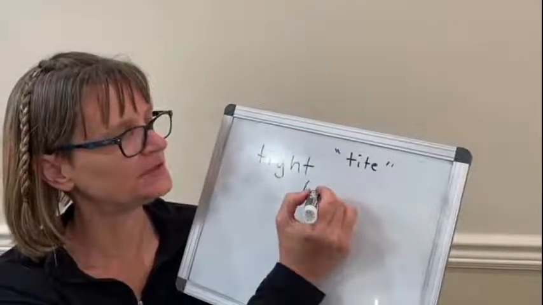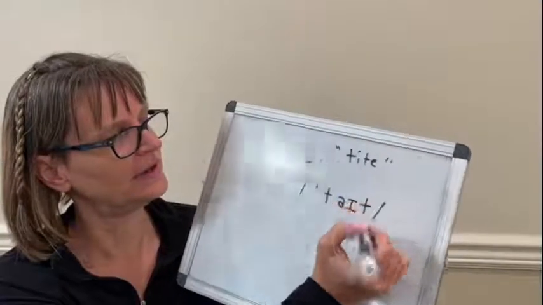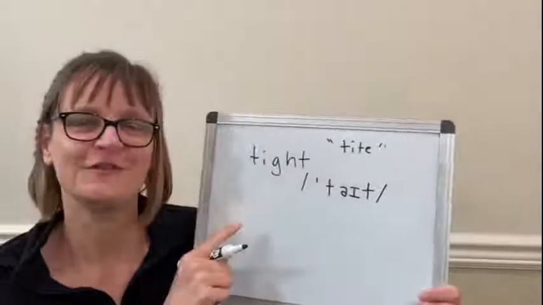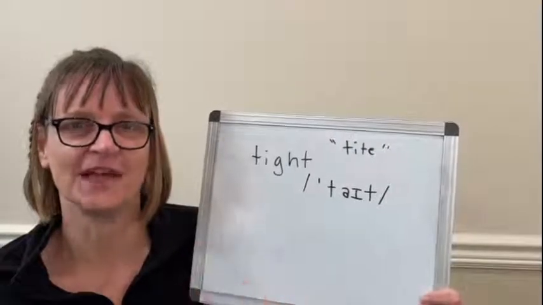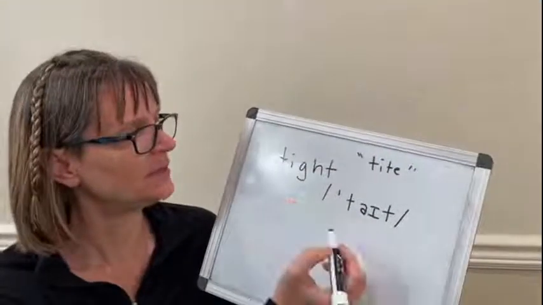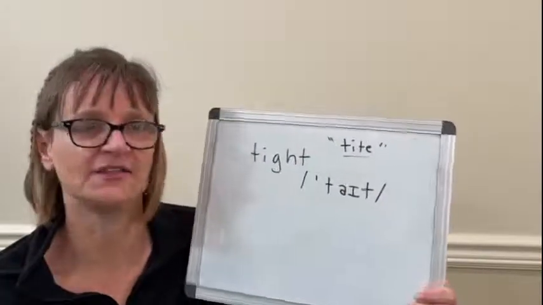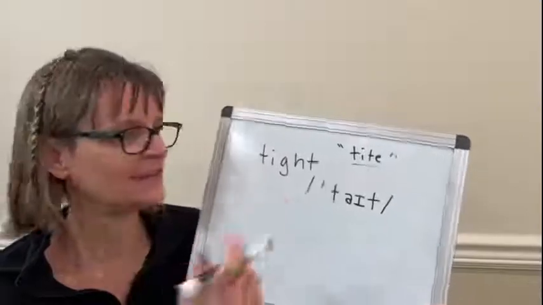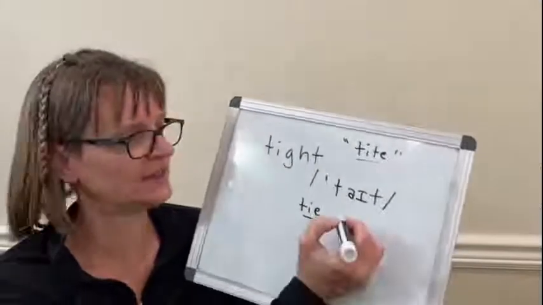For the symbols, you'll see this as the I diphthong and just a T. So the GH are silent in this word. I do have a video talking about other examples of when GH is silent versus when it has a sound in different words. I would just rewrite it probably like this to think about that I sound. Make sure that you hold your I a long time. Tie, tight.